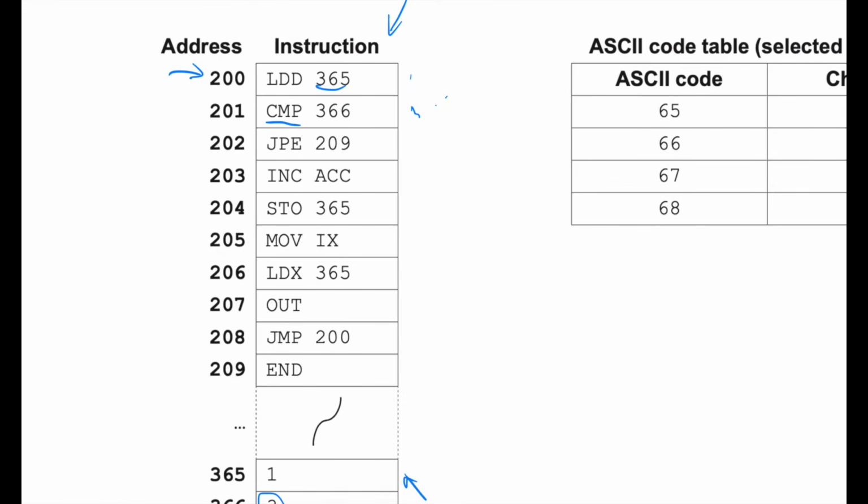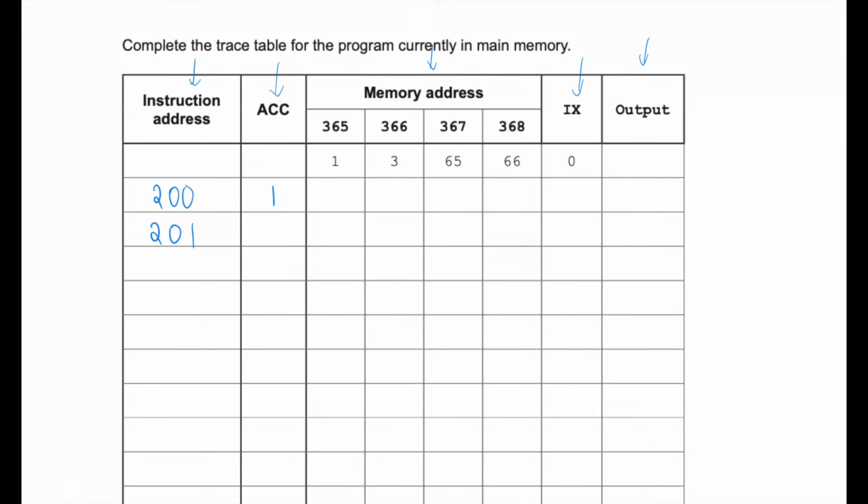If they're equal, then we're going to execute this command. But at 366, we have 3. And in the accumulator, we have 1. And they are not equal. So we're not going to execute whatever is on line 202. We're just going to skip over both line 201 and 202. We execute them, but we're not going to show anything on our trace table.